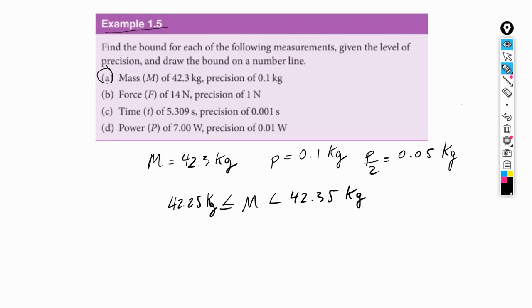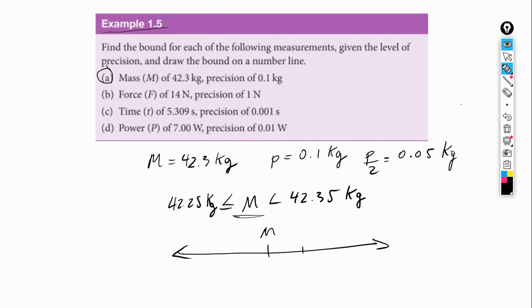So how do we represent this on a number line? If we have a number line, which is just an infinite line, and we're going to say that this is m over here, somewhere here, right? Not exactly there. The measurement we took was 42.3, but remember that m is bound here.